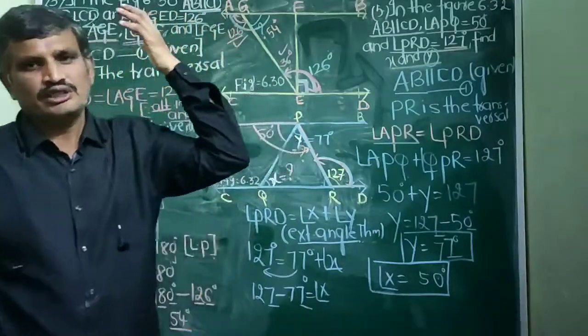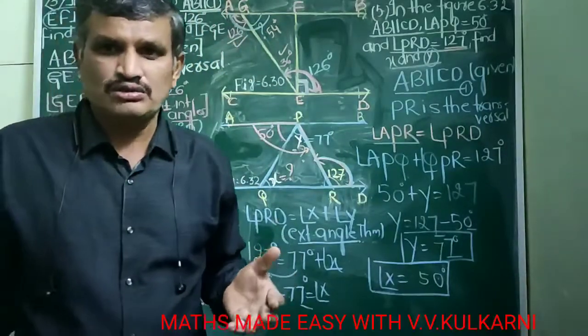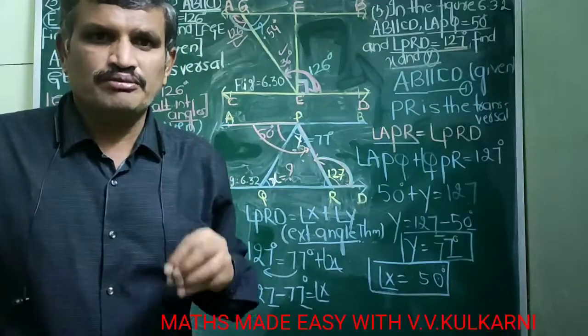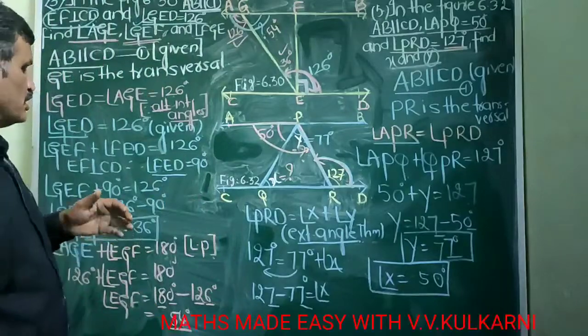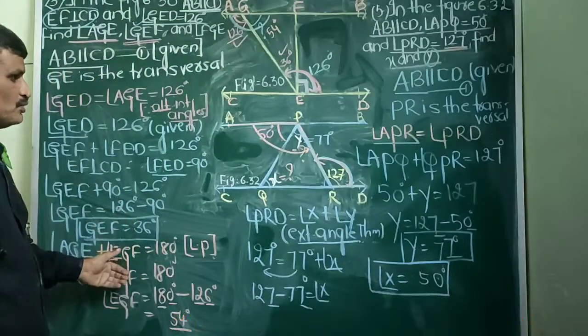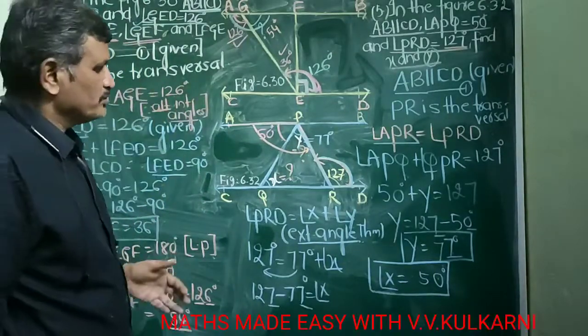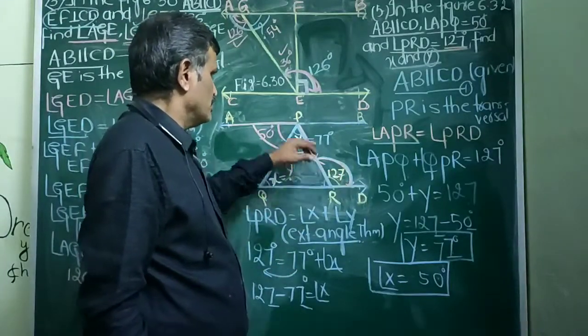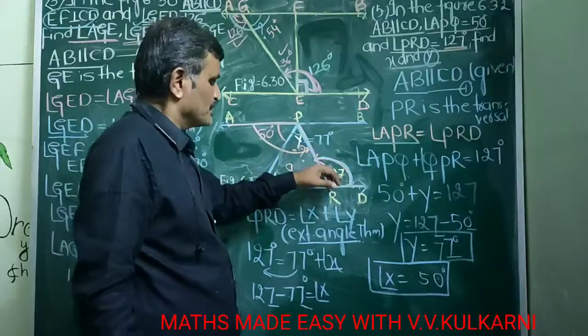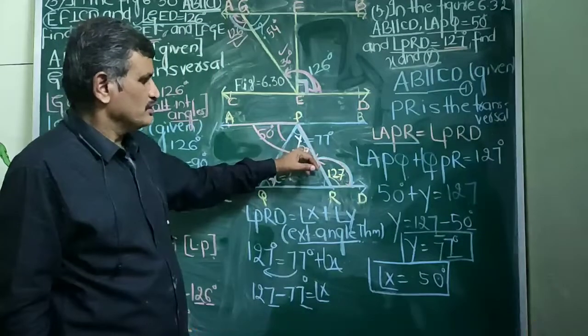So these things can even be calculated orally, but when you are solving the paper, you are supposed to give written answers, and when you are writing written answers, you have to give logical proof for all those things. Here also this problem can be very easily solved orally. For example, if this is 127, then this whole is 127. This is 127, this is 127.